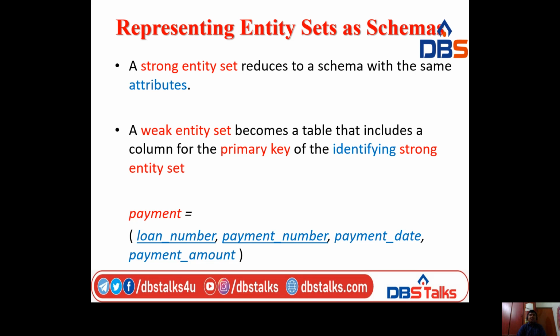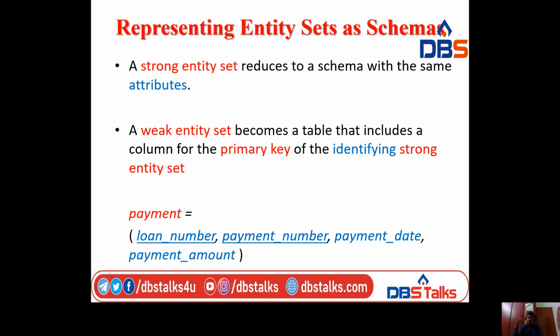Now coming to the weak entity set. A weak entity set becomes a table that includes a column for the primary key of the identifying strong entity set. If you are going to prepare a schema for the weak entity set, it is the combination of the primary key of the identifying strong entity set and one column from the weak entity set, that is the discriminator.